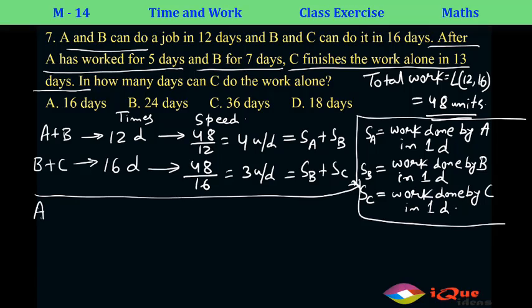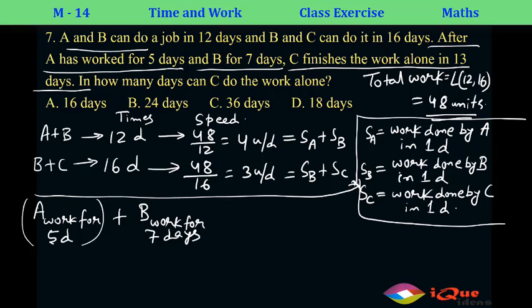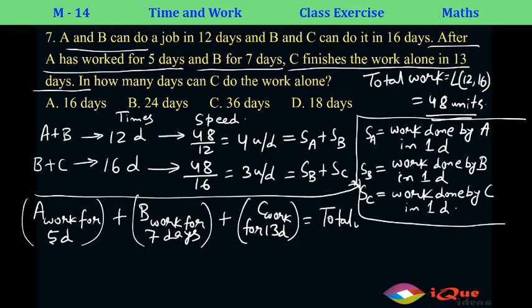A's work for 5 days plus B's work for 7 days and C's work for 13 days should be equal to total work. This is what it means.